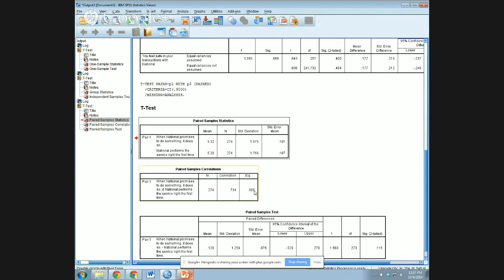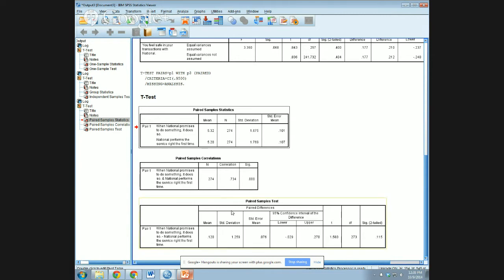What happens if the significance is less than 0.05? That means that it is a significant correlation. A correlation goes from 0 to 1, or 0 to -1. If it's positively correlated and significantly correlated, then we would say there's a significant positive correlation. And we see that here, 0.734.